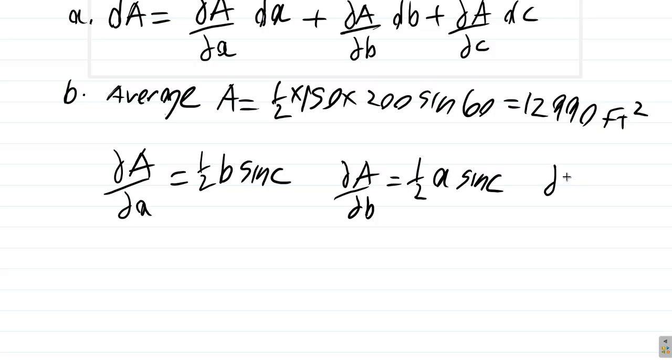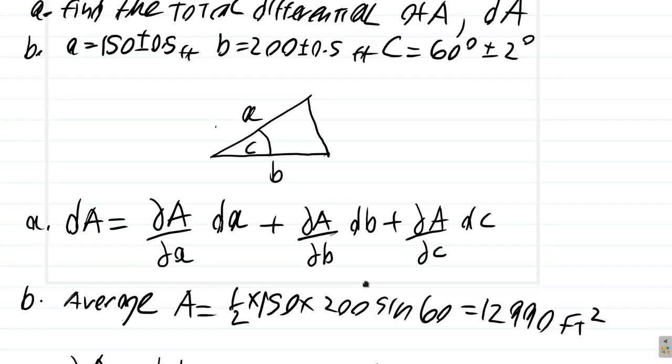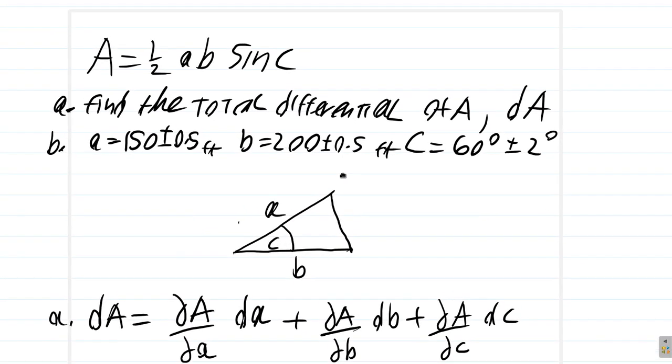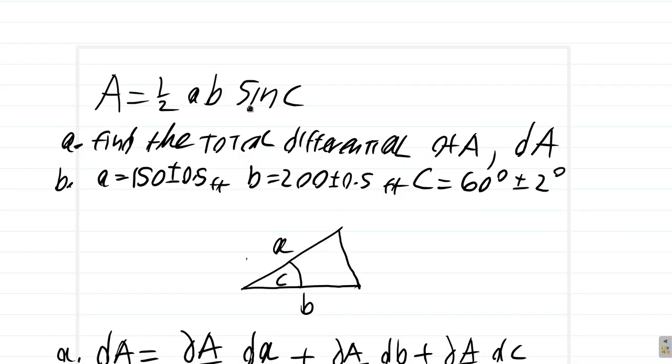And then the partial of A with respect to C is going to be what? Well, you have something multiplied by sine C. When you differentiate sine, you get cos.